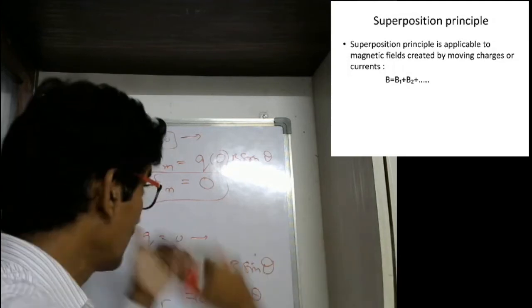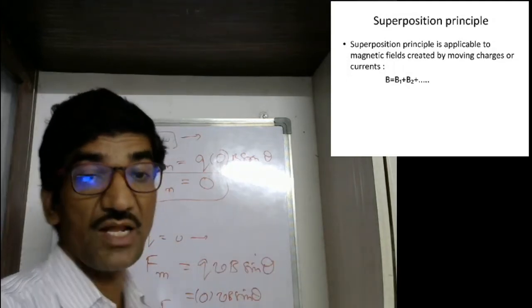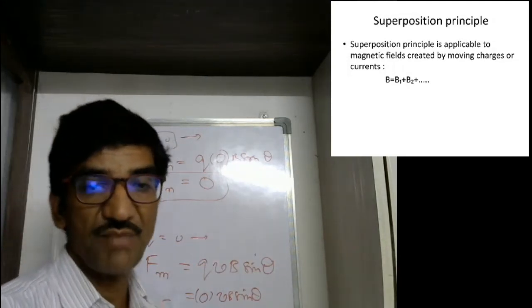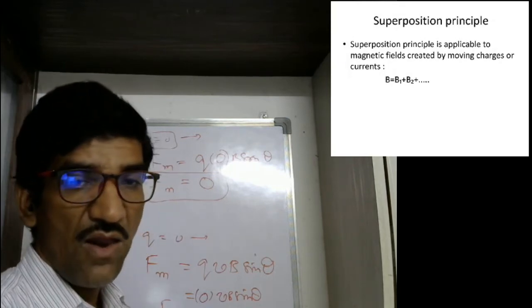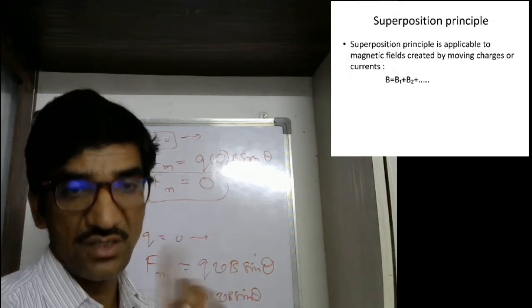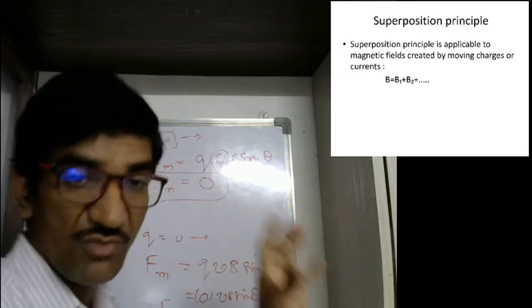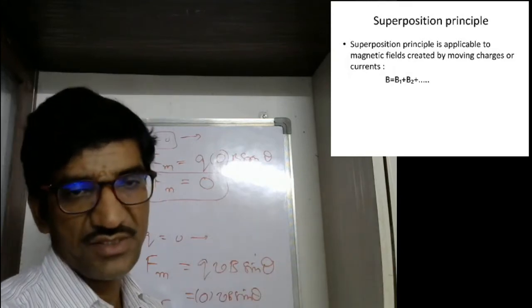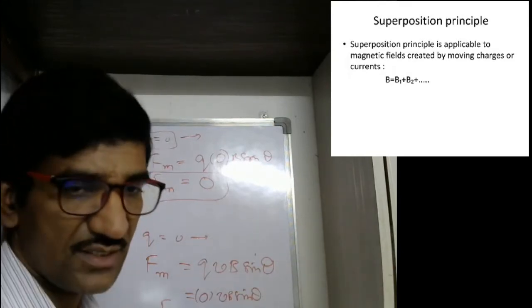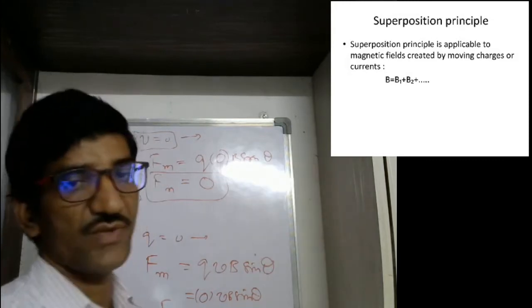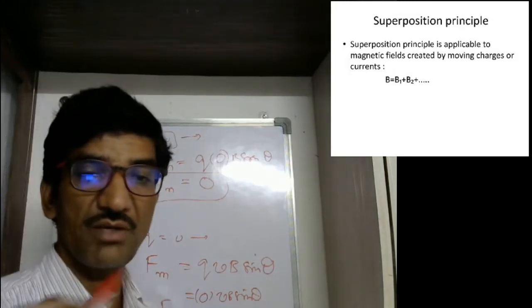Okay, that's what I am discussing again about this formula. So what is the origin of magnetic induction here? A charge in motion, not the stationary charge. A charge in motion is nothing but the current. We call that the current is flowing. This is a very important thing you have to remember.